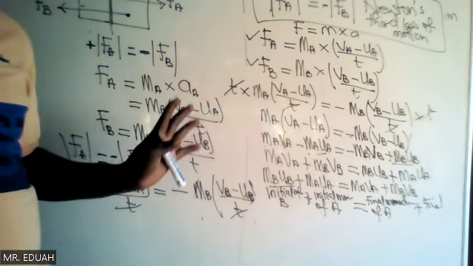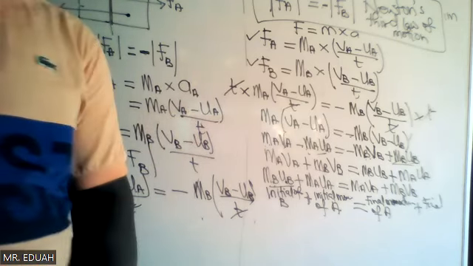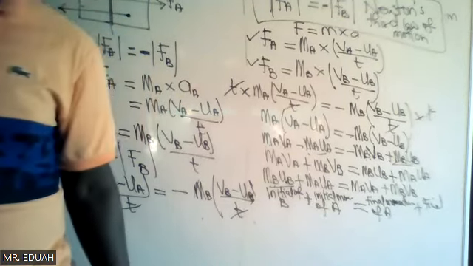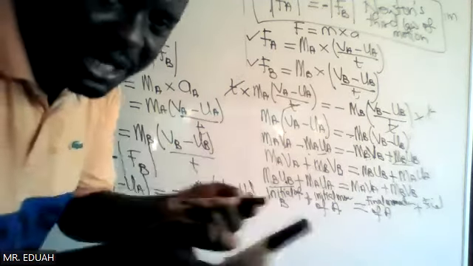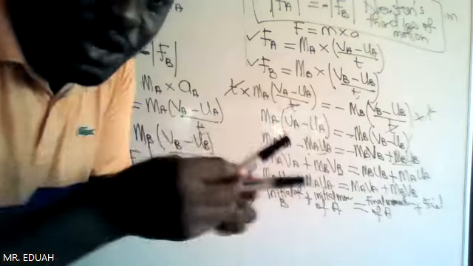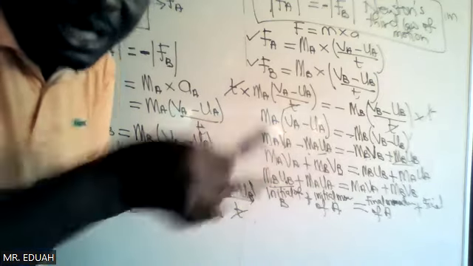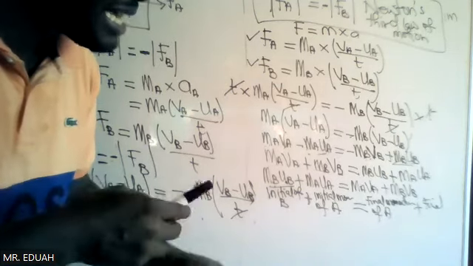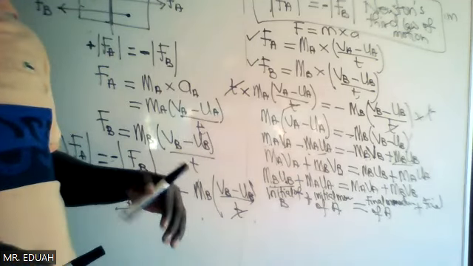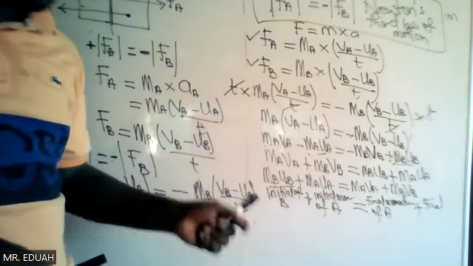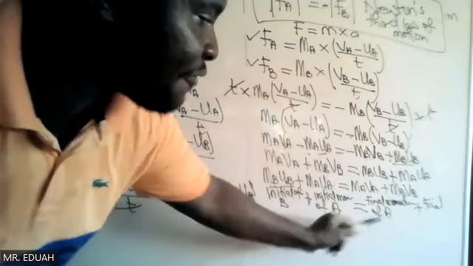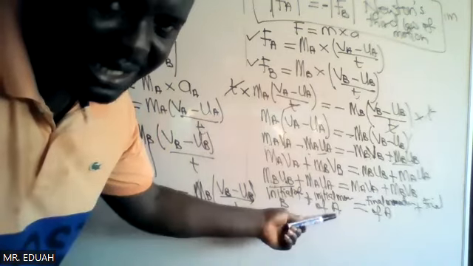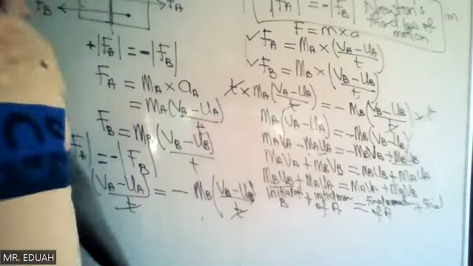That is the law of conservation of linear momentum, that when you have bodies that are in collision, interacting with each other, when there is no external force acting on them, then the sum of momentum before collision is equal to the sum of momentum after collision. And that is what we have established using Newton's third law of motion.